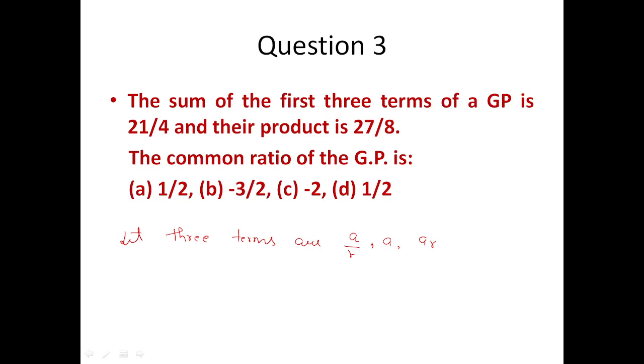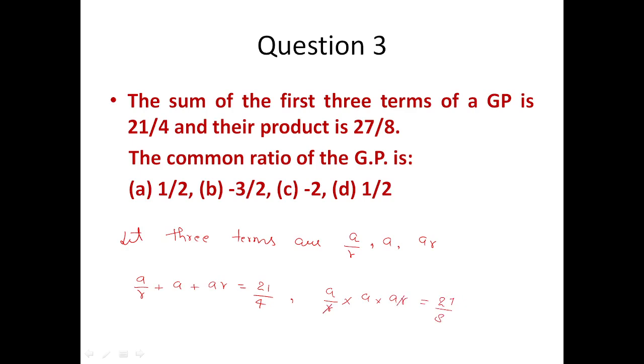So I am assuming that the three terms are a upon r, a, ar. Now by the given condition, we have a upon r plus a plus ar is equal to 21 upon 4, and the second equation will be a upon r into a into ar is equal to 27 upon 8.